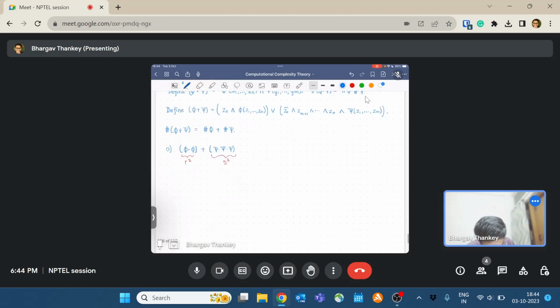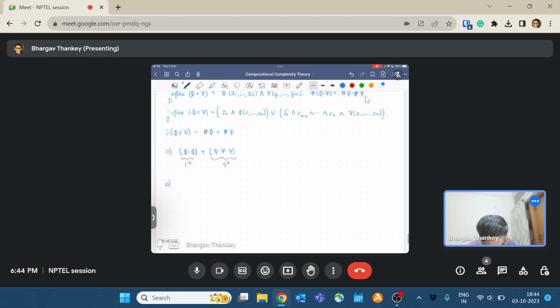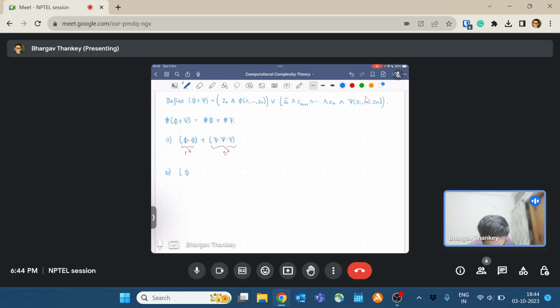For B, it's R plus S the whole square plus 2S square. So this is R plus S satisfying assignments, and the whole thing has R plus S squared satisfying assignments.